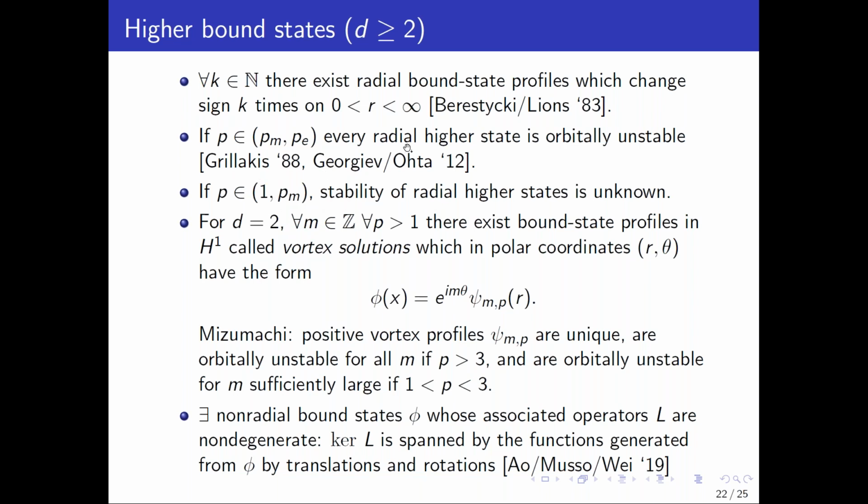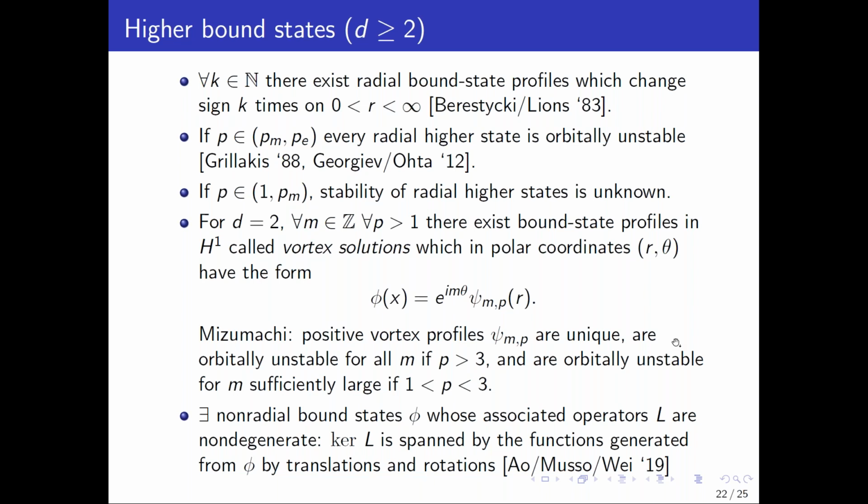But for supercritical nonlinearities, they have been proved to be orbitally unstable. And there's a variety of results on other higher states, but the field is still kind of wide open.